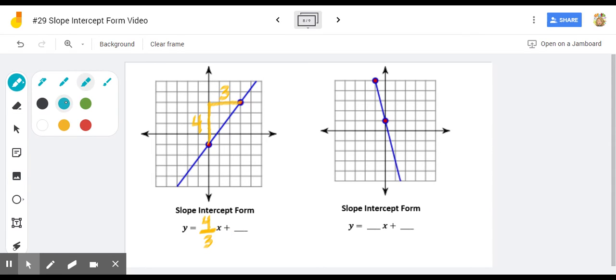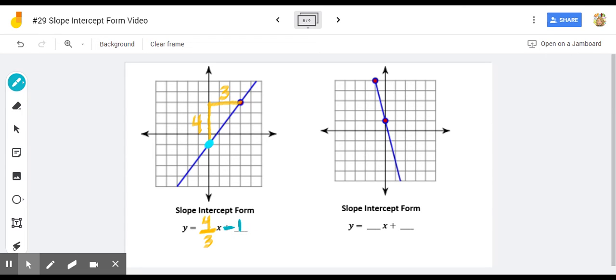And now we need to pay attention to where do I touch my y-axis line? And it looks like this point right here, which is down 1 is our y-intercept. So instead of the plus sign, we're going to make that a down, a negative 1. And that's going to be our slope-intercept form.